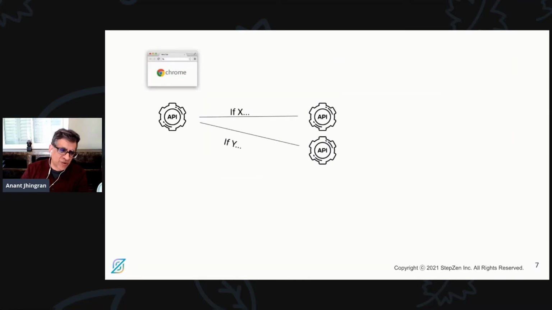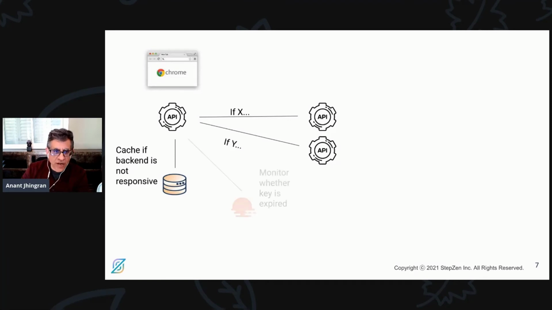But then there are other things that you need to do with the APIs. You need to stitch APIs together. If something happens, then call this API, otherwise call this API. You want to cache if the backend is not responsive. If you've got like 800 milliseconds to respond, and if the backend is not responsive, then you've got to set up a cache in order to make something work.